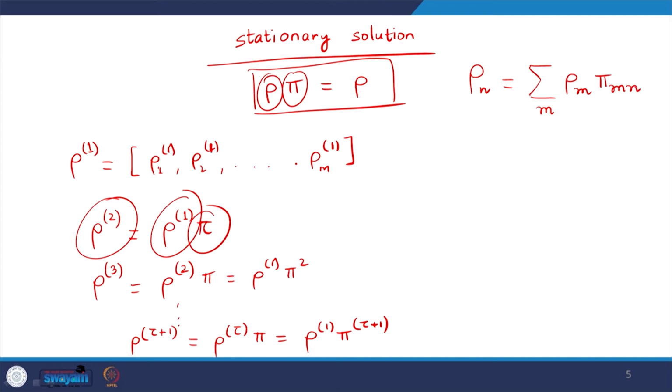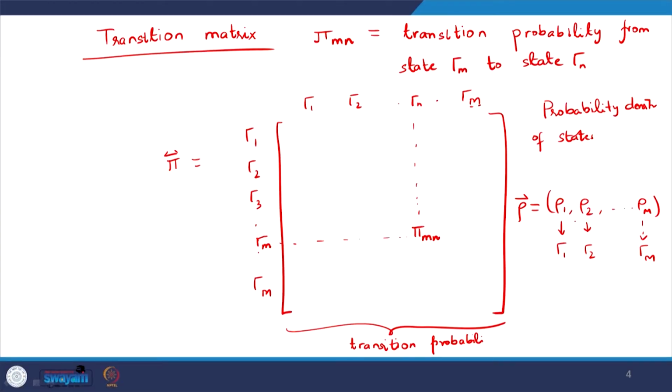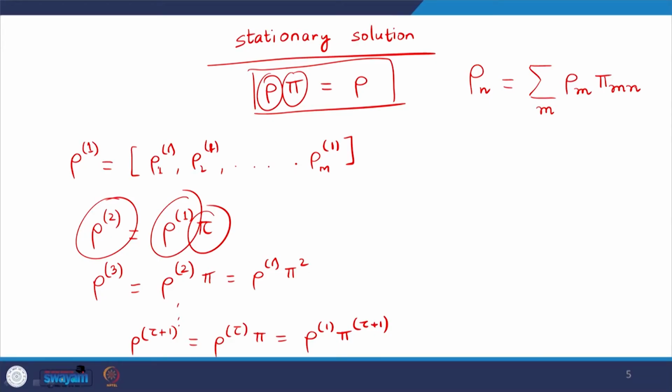That really comes from the multiplication of the rho vector with the pi matrix. The rho vector is actually a row vector that has m columns and the pi matrix has m rows. So, the new matrix will again be a row vector and every term will be given by this. You can do the matrix algebra here and find that it is true.